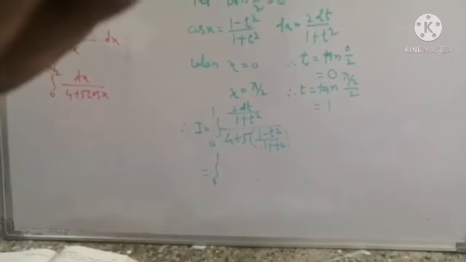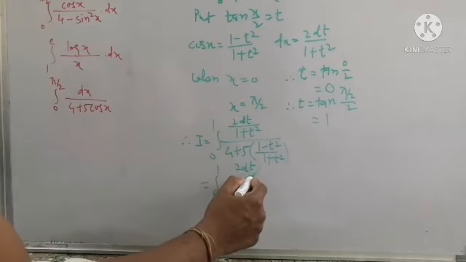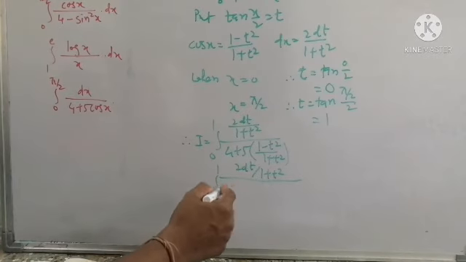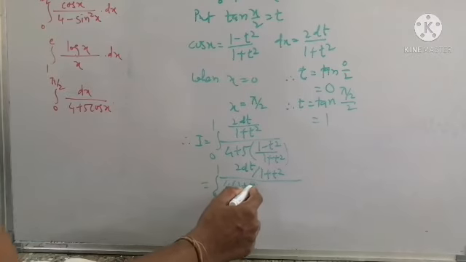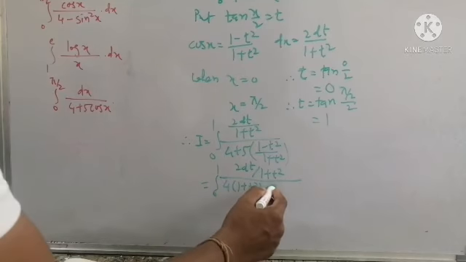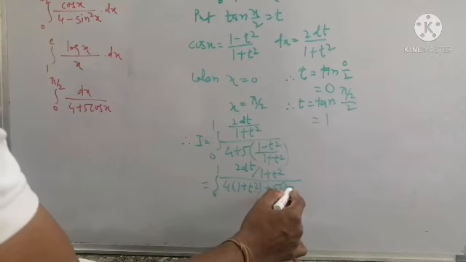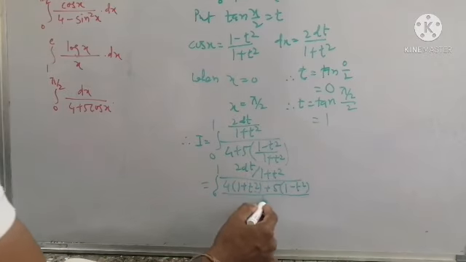which is 2 dt divided by 1 plus t square, and in the denominator we make the addition by taking the cross multiplication of the denominator. So in the first term, numerator 4 is multiplied by the denominator 1 plus t square, and as the denominator of the first term is 1, in the second term we have the numerator 5 into bracket 1 minus t square with common denominator 1 plus t square.